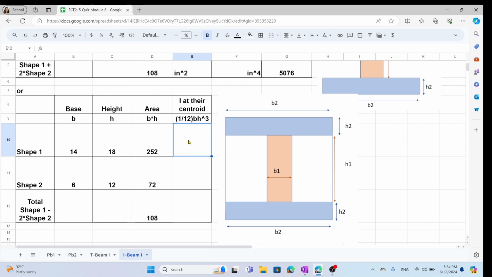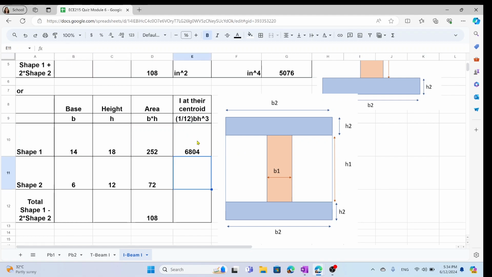Let's now find the centroid, and what is great is that the centroid of this large rectangle and those two rectangles is at the same place. So we don't need to do the parallel axis theorem, we don't need to do the d squared. Let's just do 1 divided by 12 times b times h cubed.